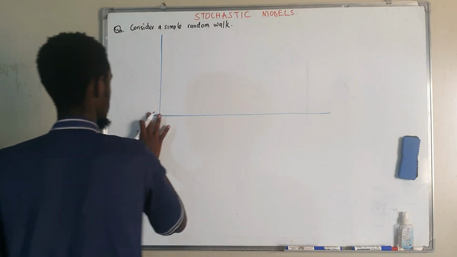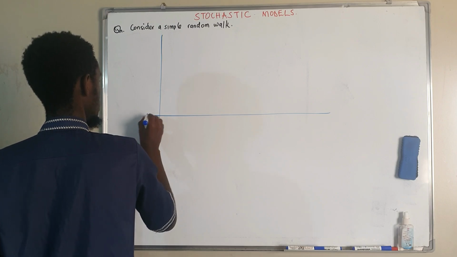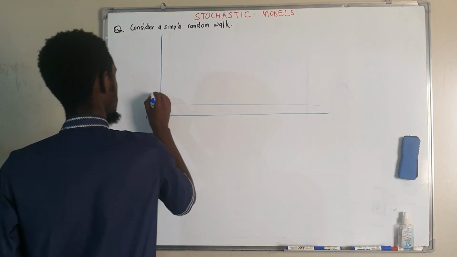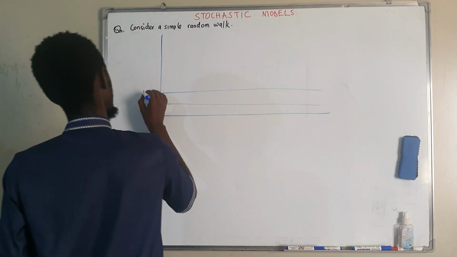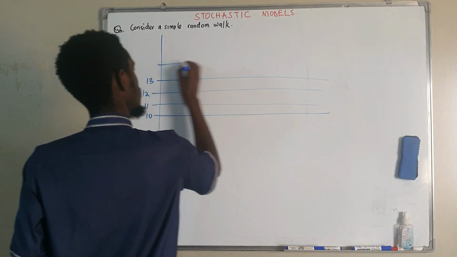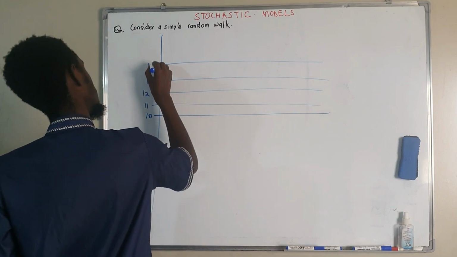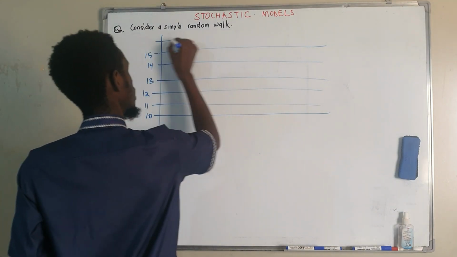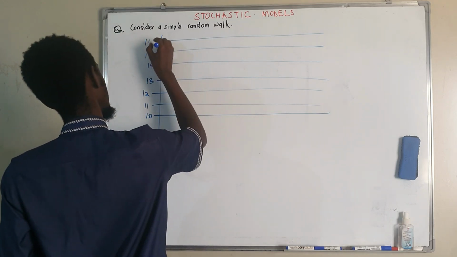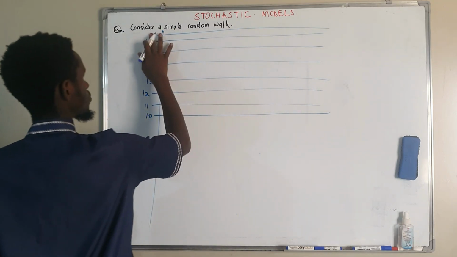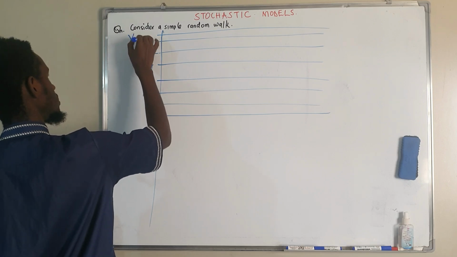I begin with 10 here in the middle. Then I'll have 11, 12, 13, 14, 15, 16. Okay, let's stop at 16. This is my xt.